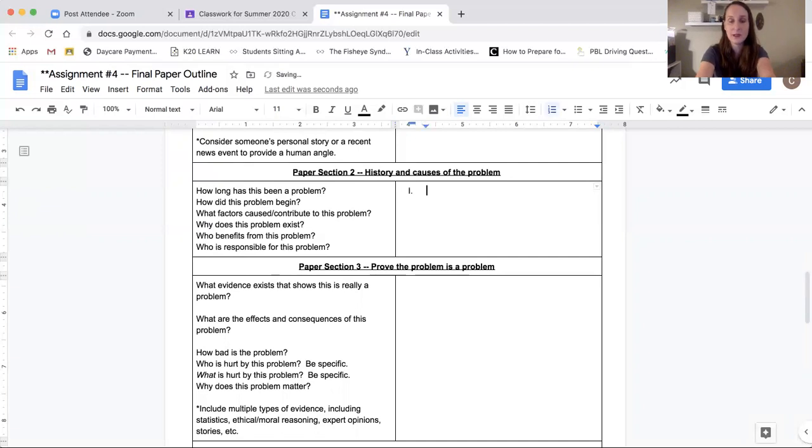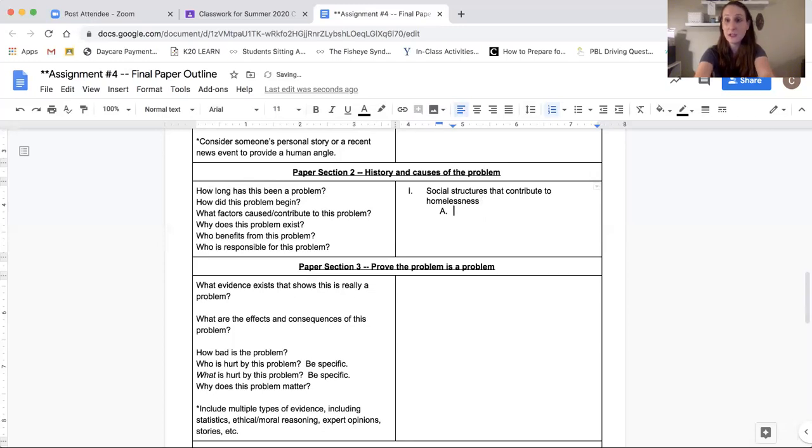So maybe part 1, you want to talk about social structures that contribute to homelessness. So maybe I want to talk here about how we really don't have support for, there's not enough low-income housing available. There's not enough housing available for people with disabilities, government support for those types of things or whatever, right?